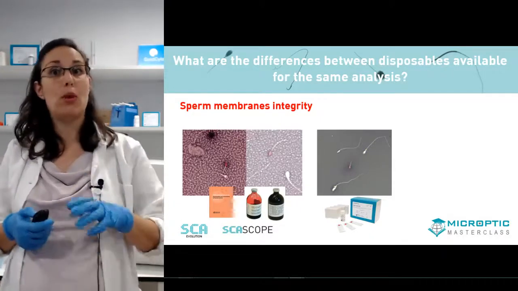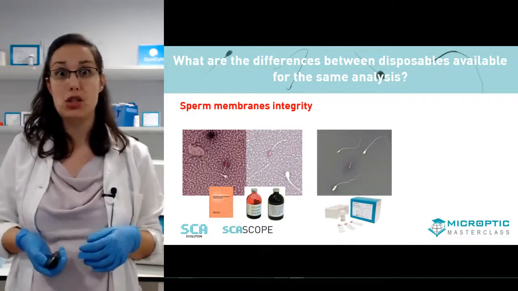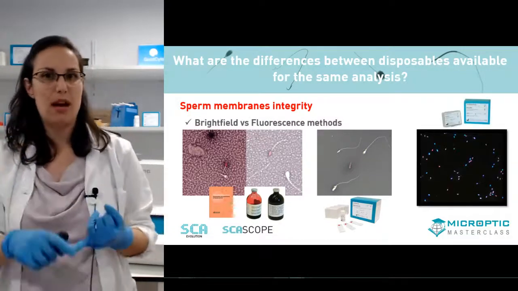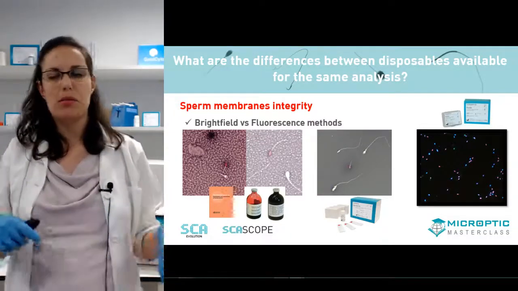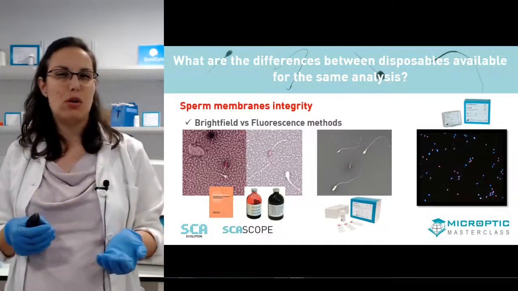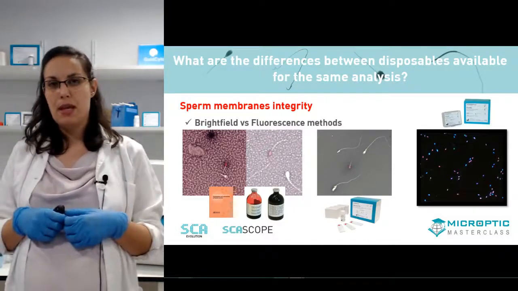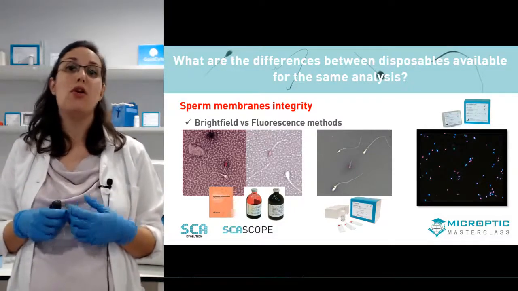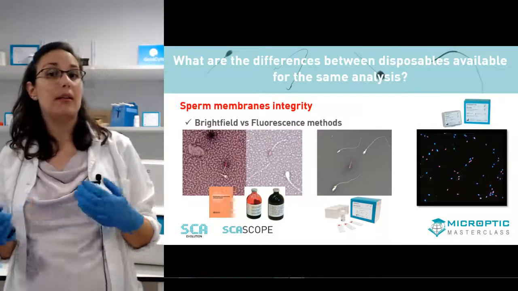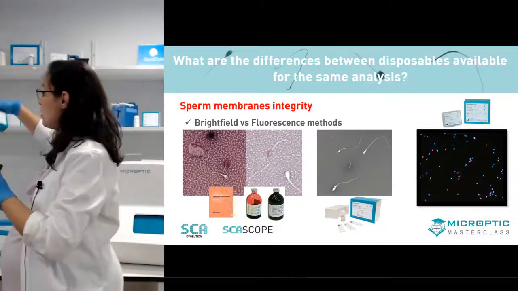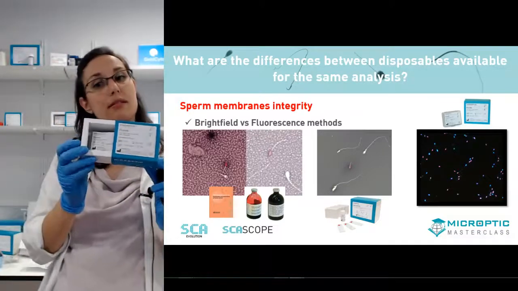But in the same way that happens for motility and concentration, for these difficult samples that contain lots of debris, low sperm numbers, and that are very difficult to handle using this type of bright field methods, you can also use fluorescence methods for evaluating the viability of membranes. MICROPTIC could offer the FluoBit kits.